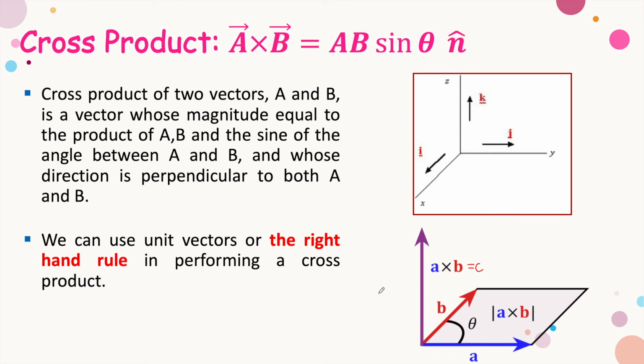You might use the right hand rule or the i hat, j hat, k hat cycle. This is only applicable if your vectors lie purely along one axis, meaning along the y-axis, x-axis, or z-axis.